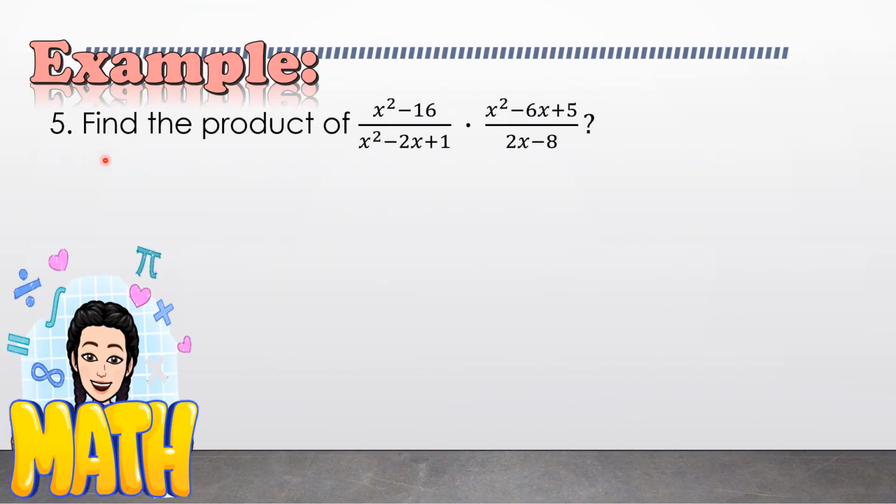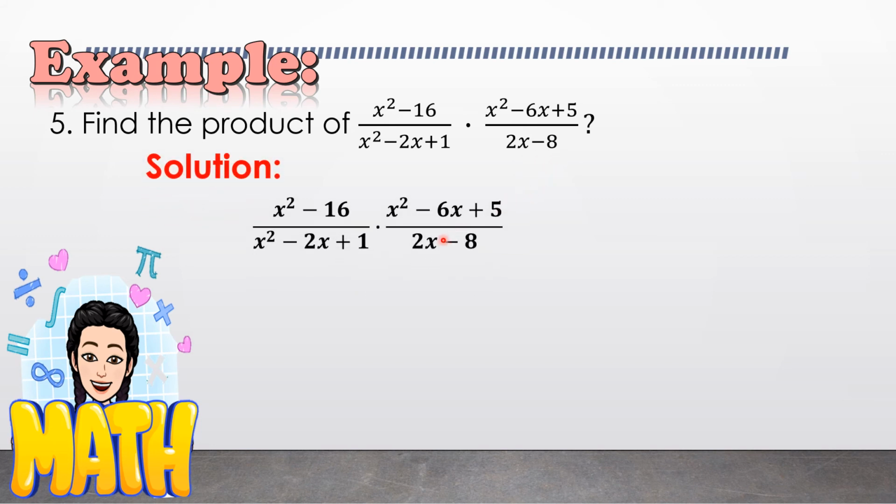Next, find the product of x squared minus 16 all over x squared minus 2x plus 1 and the x squared minus 6x plus 5 all over 2x minus 8. So earlier, we already get the factored form of each term ng mga expressions natin.